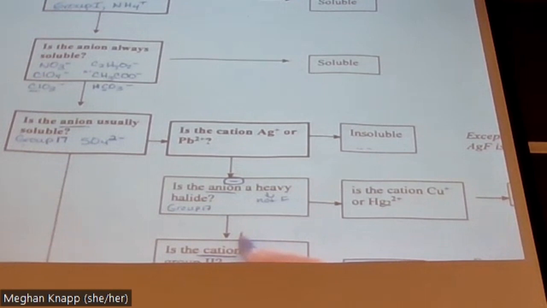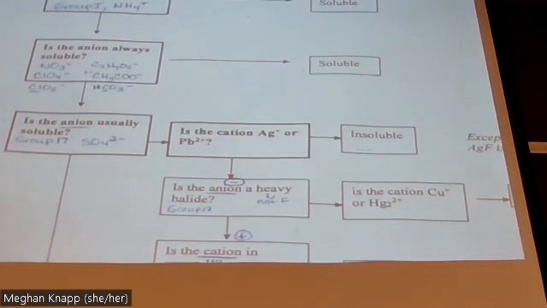The cation is positive. So I look at the positive thing. If it wasn't silver, if it wasn't lead, then where is that cation coming from? It might be a transition metal, might be a main group metal, which would mean it was either the dark blue over on this side or the orange over there.